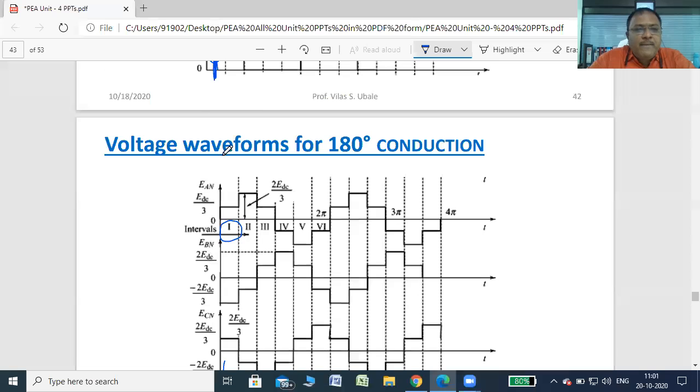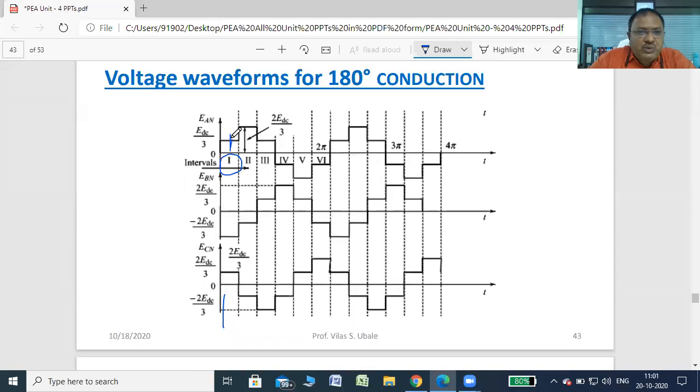Check here. Phase A is positive, the voltage level equal to EDC by 3. Phase C is also positive, the voltage equal to EDC by 3. This is about phase B and this is about phase C. Then the voltage here is twice EDC by 3, and here it's again EDC by 3.